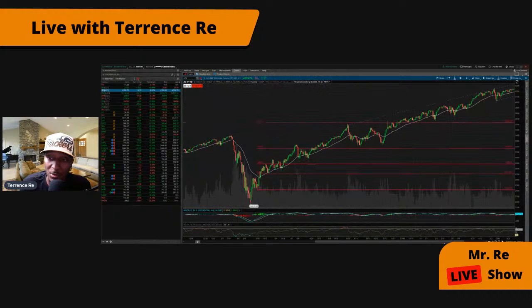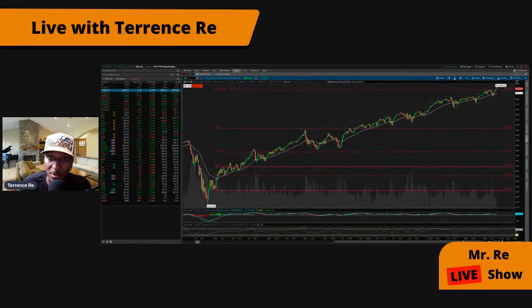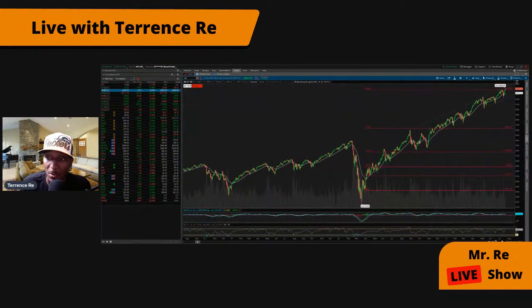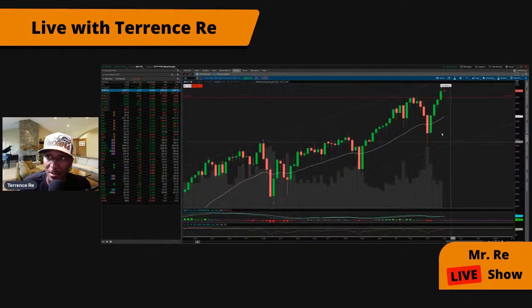These are all levels where, if you were in it, maybe you could have taken profit, or you could have kept going, just been holding all of that time. That's up to you. But what I'm curious about, that last level was right here. And you can see two weeks ago, when it hit right here, then it started to go down. We got a 100-point decline from that high right there to the low.